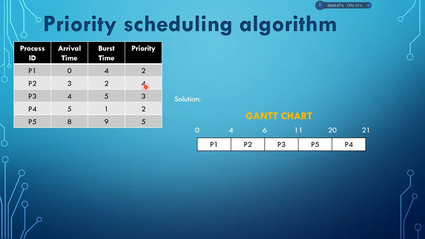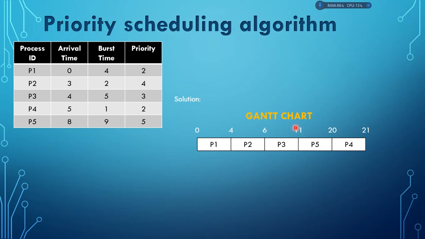P3 has the priority of 3, and P4 has priority of only 2. So P3 will be processed next. The burst time of P3 is 5 milliseconds, so P3 will be completed at 11 milliseconds.